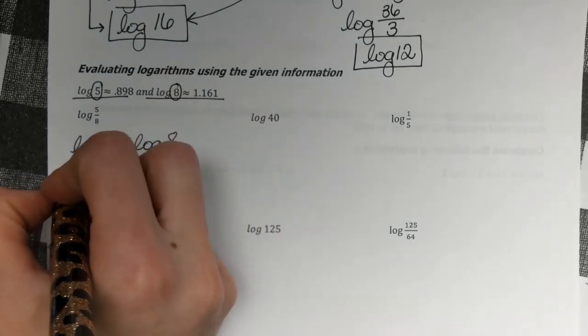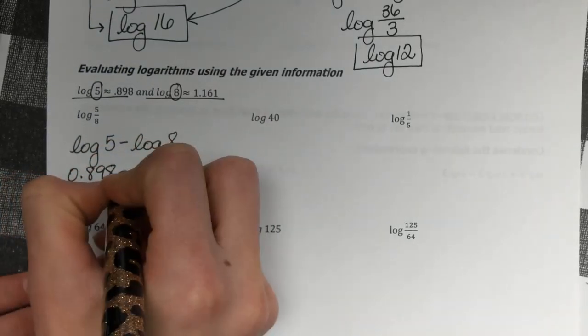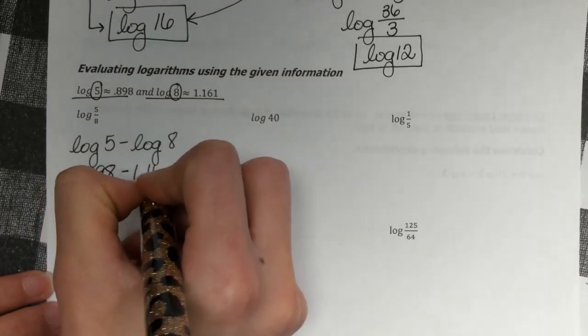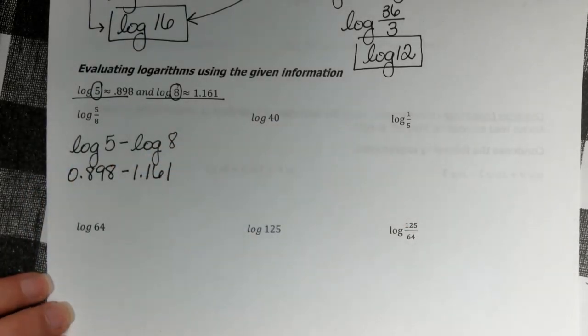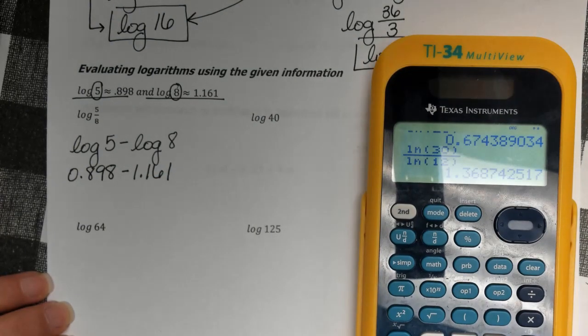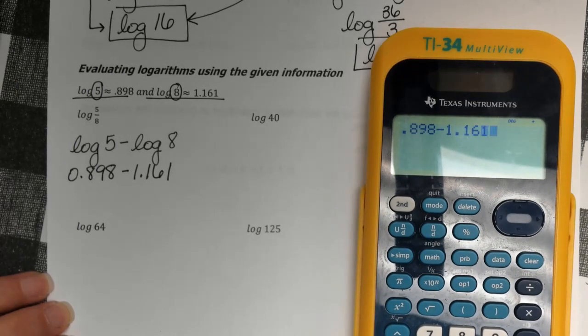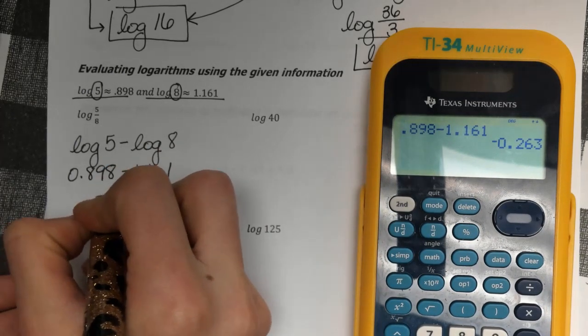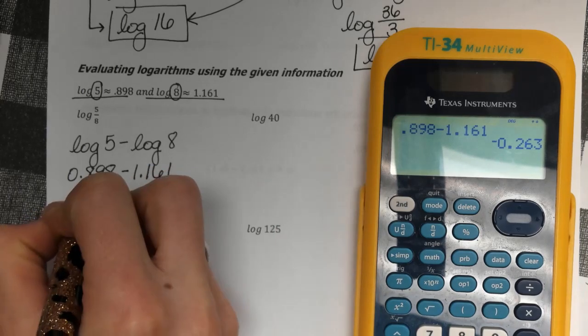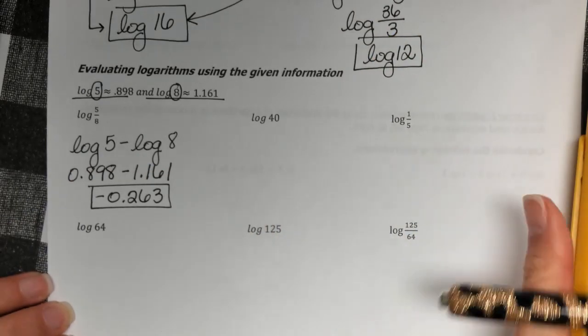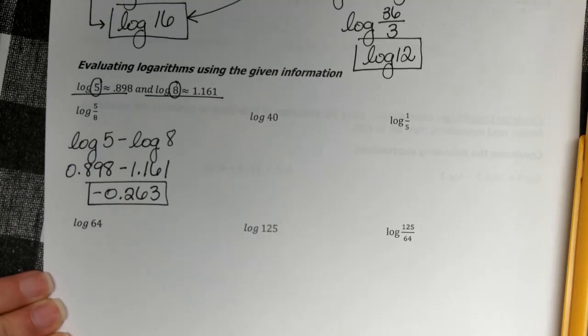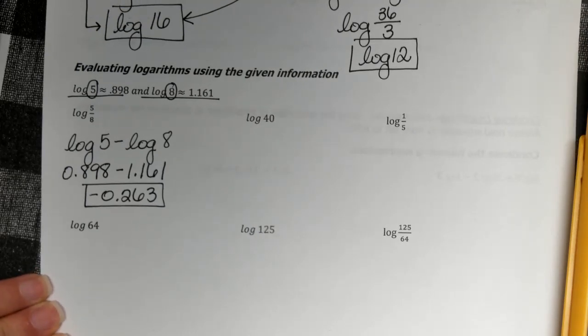So log of 5 is 0.898 minus log of 8 is 1.161. And then I just calculate that. And that is a negative 0.263. Okay? So if I give you log of 40, what does 40 have to do with 5 and 8?